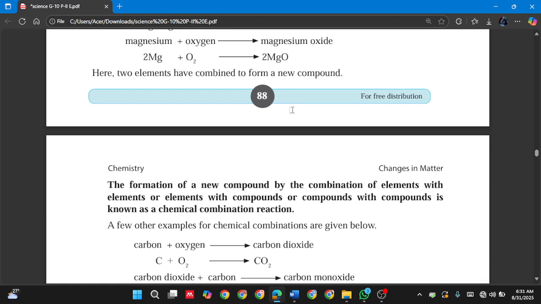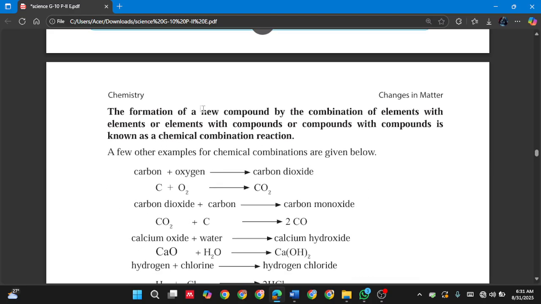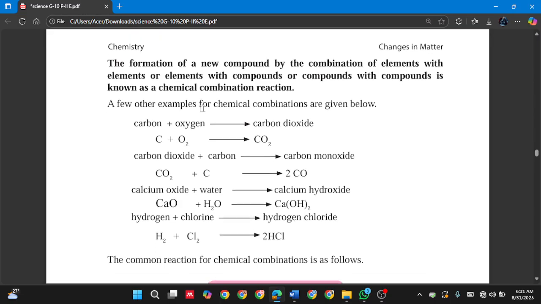Here 2 elements have combined to form a new compound. So magnesium and oxygen have combined to form a new compound. The formation of a new compound by the combination of elements with elements, or elements with compounds, or compounds with compounds, is known as a chemical combination reaction.